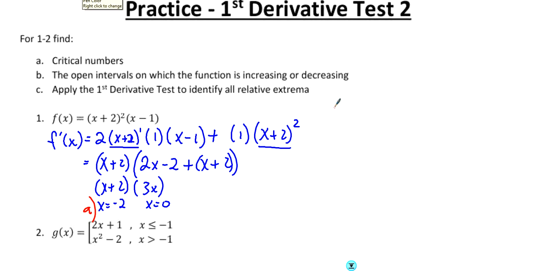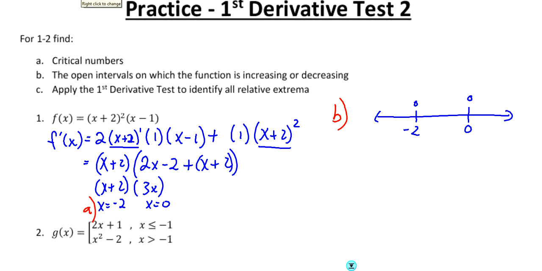Then part B. I'm going to set up my number line with my critical numbers on it, which are -2 and 0, where the derivative is 0. And I'm going to do my first derivative test here. I'm kind of doing B and C at the exact same time.